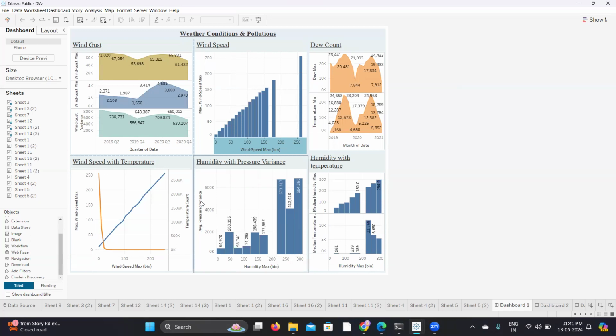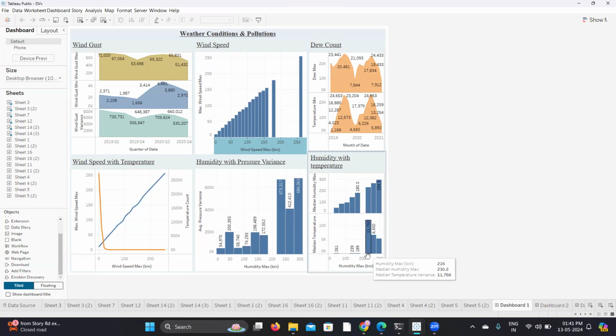This graph is useful for studying how different levels of humidity correlate with changes in atmospheric pressure, which can influence weather patterns and air quality. When you click each bar, you can see what the maximum humidity bin is and the average pressure variance for each.